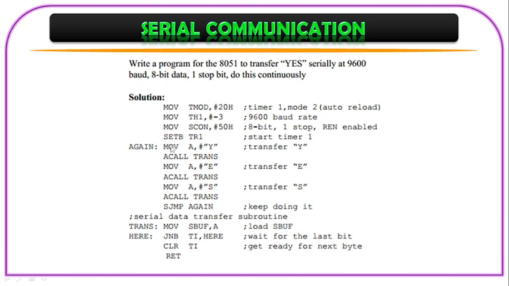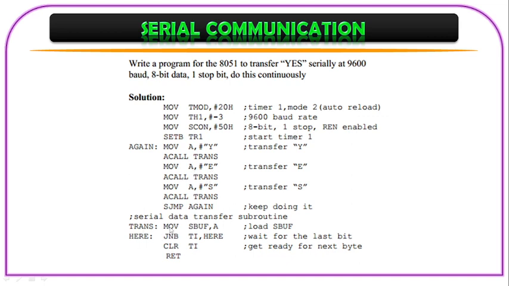And now in transmission, first load Y into the accumulator and then call the transmission routine, where the value in A is moved to the SBUF. Jump if no bit: you are checking for the transmit interrupt flag, then you are clearing it and returning. Now move the next character E to A and again call transmission.